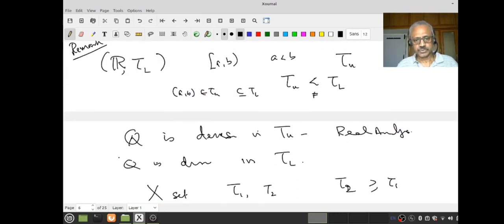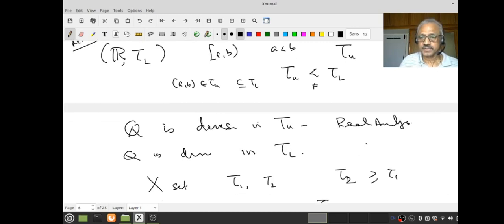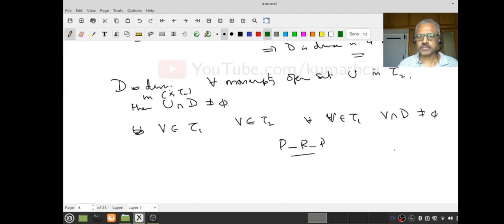Q is dense in the usual topology, and the usual topology is strictly coarser than the lower limit topology, but Q is still dense in the lower limit topology. That's something like a rarity. Let me just write it so that you remember this. This is a rarity. The usual norm is the other way around.